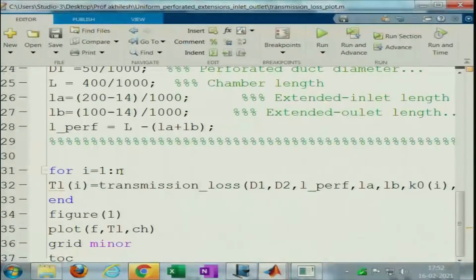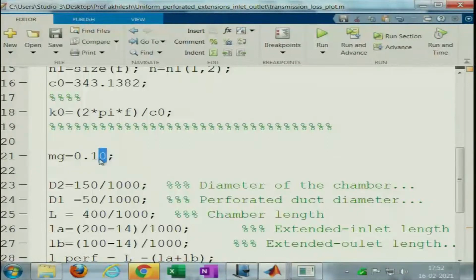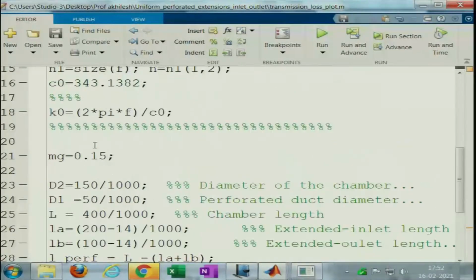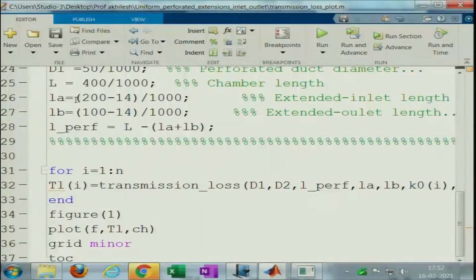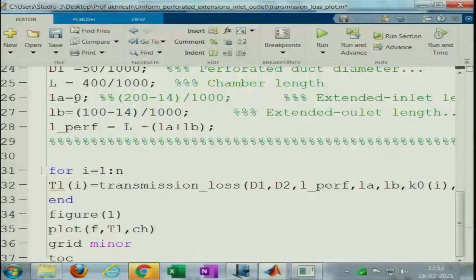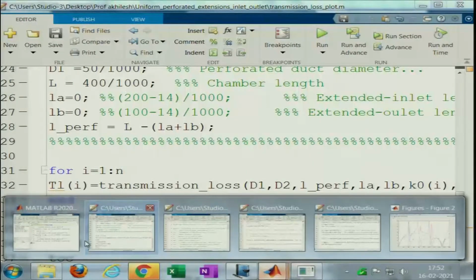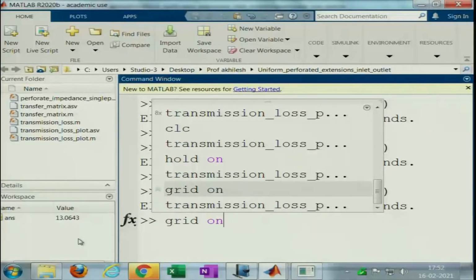So, I will set the grazing flow value to 0.15 and the extension length could be 0 to get a baseline case and see what happens.